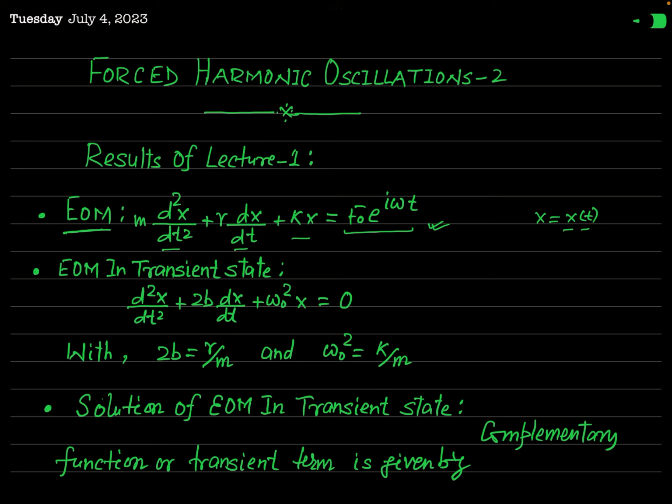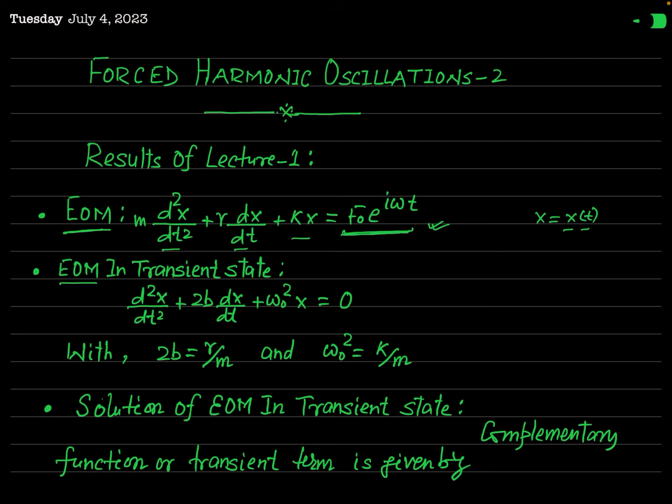But when we discussed the transient state of the system in the first part of the lecture, we considered that our system is independent of this applied force in the very beginning of its motion. And so the equation of motion for the transient state is simply written by taking this force term equal to 0.